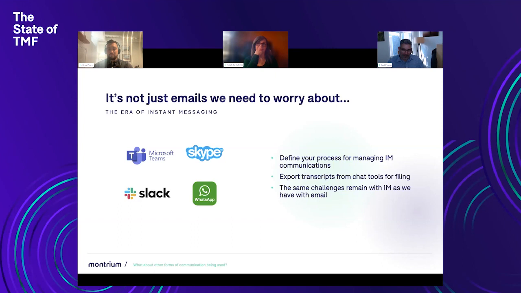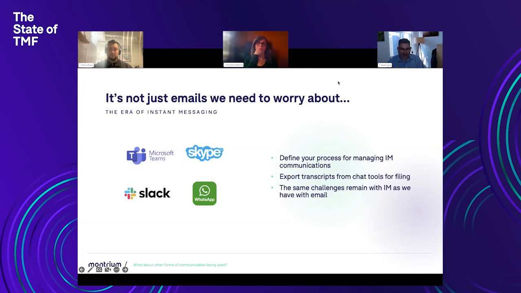But also maybe as a software vendor, I've been thinking about this. Maybe we can have these kinds of tools directly integrated within our TMF platforms or within our clinical platforms, so that we're collaborating in the same way as we do with Teams and Slack, but integrated directly, either through some kind of API, or even the TMF platforms themselves can have chat capability, because it's useful.